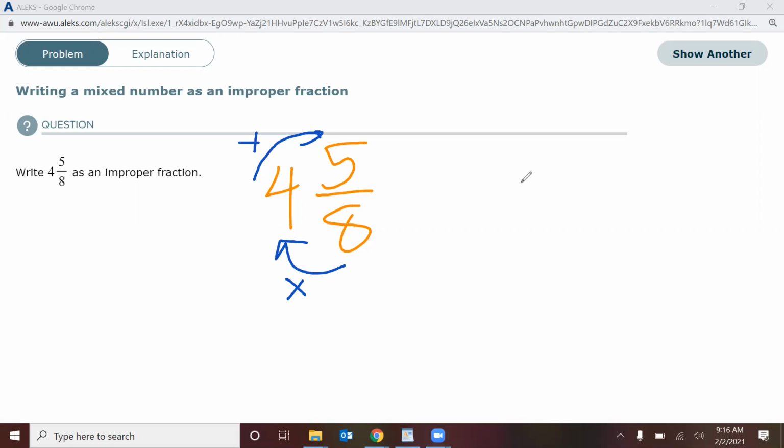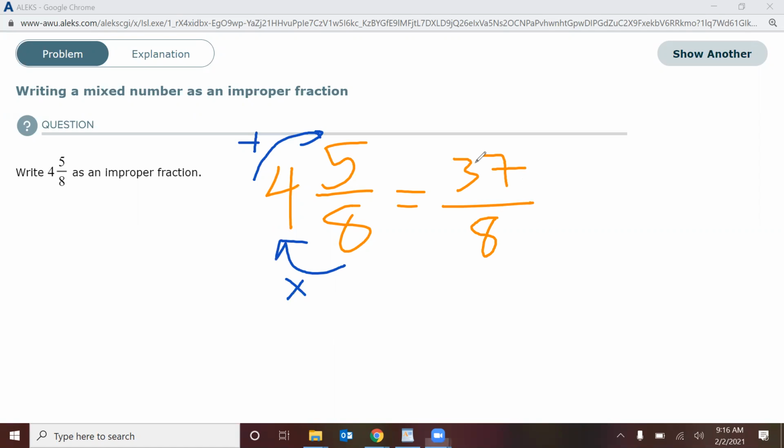And 32 plus 5 is 37. So we get 37 on top, and the denominator never changes. It just stays 8. That is how it is done.